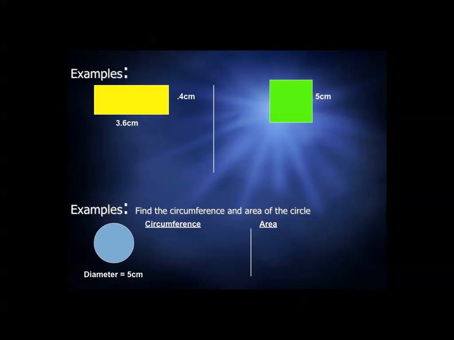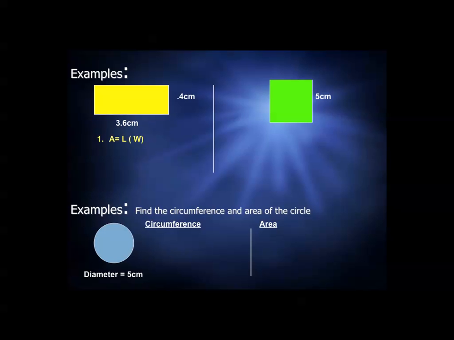So let's look at some examples. I have here a rectangle. To follow the steps I just mentioned, we start with our formula. Write it down. Area equals length times width. You can indicate multiplying by parentheses or a little dot or whatever.